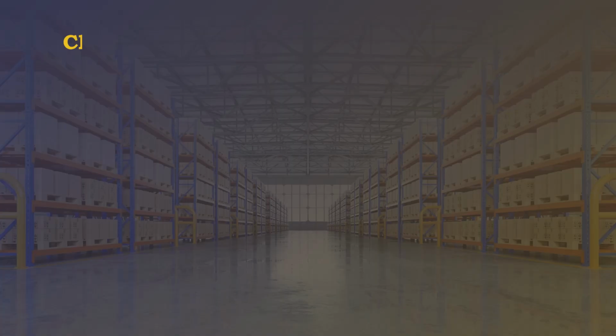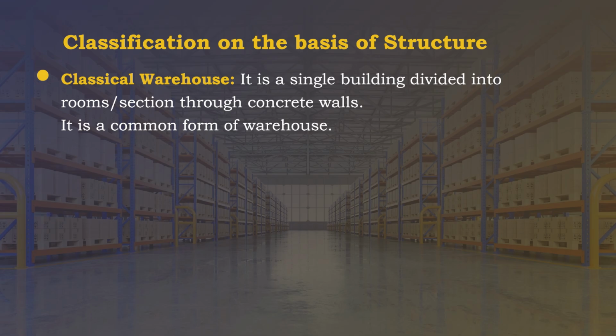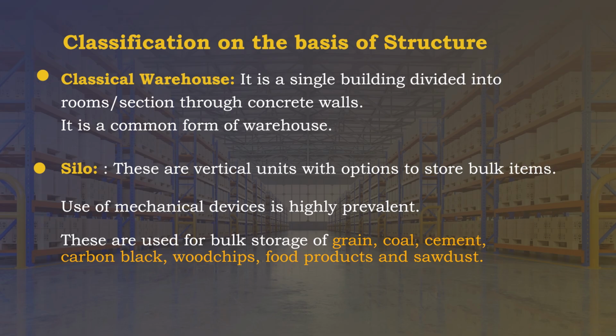Classification on the basis of structure. Warehouses are classified into A. Classical warehouse. It is a single building divided into rooms or sections through concrete walls. It is a common form of warehouse. B. Silo. These are vertical units with options to store bulk items. Use of mechanical devices is highly prevalent.